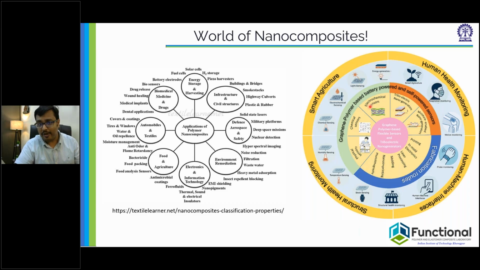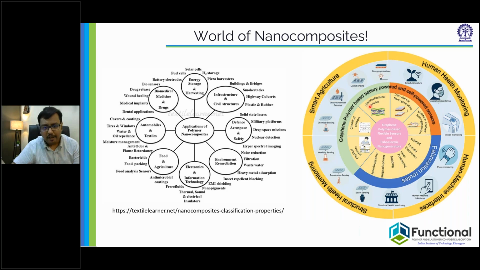Or in other words, whenever a rubber material or a rubber composite has a filler which has at least one of its dimensions at the nano level, it can be referred to as a rubber nanocomposite. So this particular nanocomposite finds multiple applications in different areas.